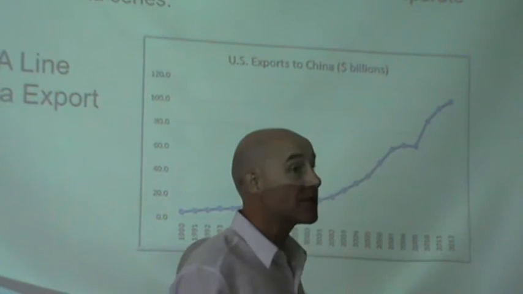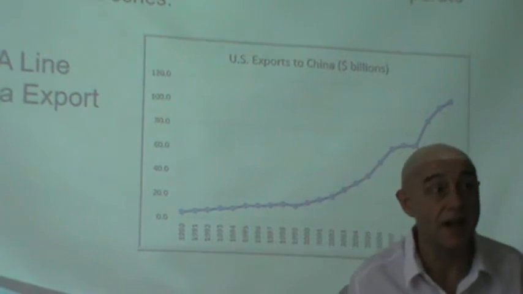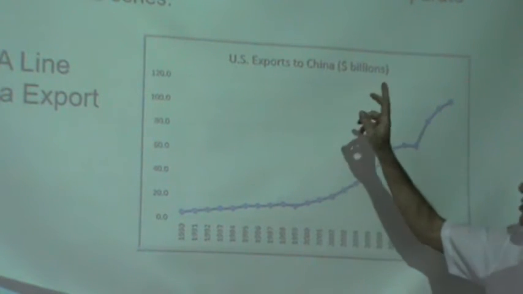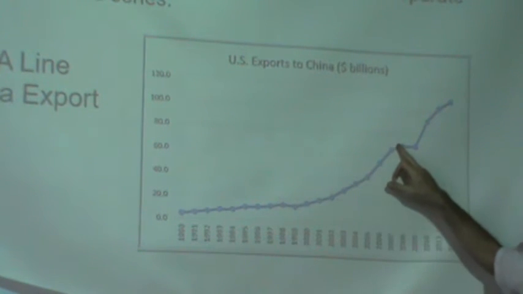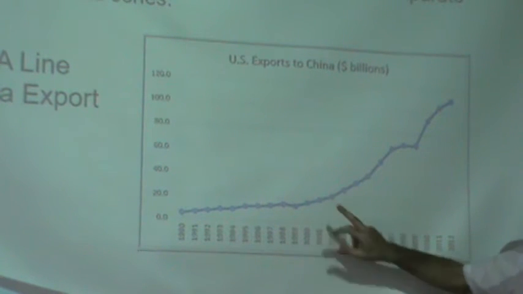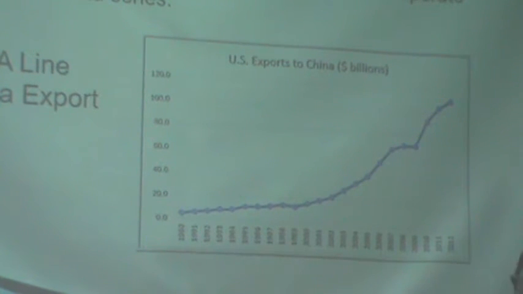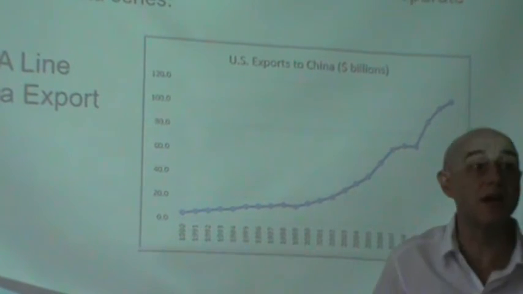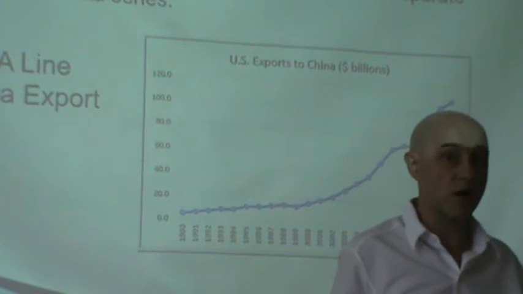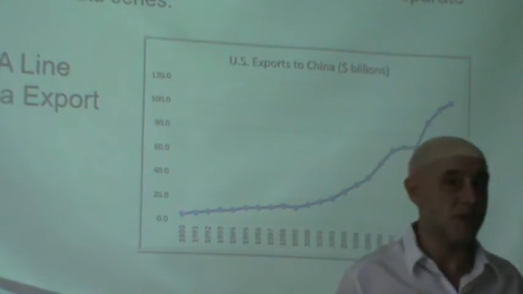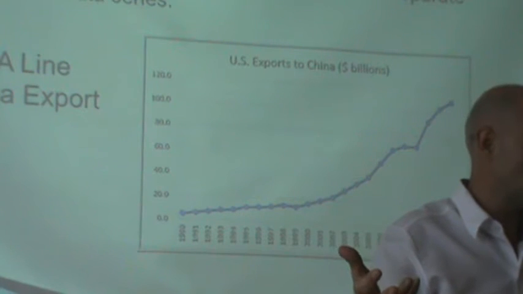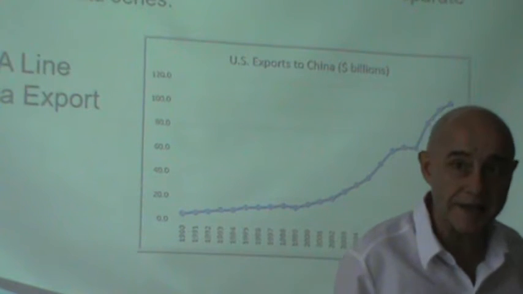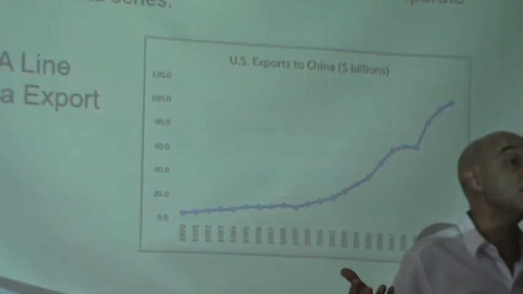So we can say, based on this picture, the meaning is that trade, US exports to China, accelerated during the period of 2002 to 2008. And in 2008, there was a problem. The problem is the global financial crisis, which we will study with most of you in the financial markets and institutions class in about a few weeks, maybe in a month, month and a half.